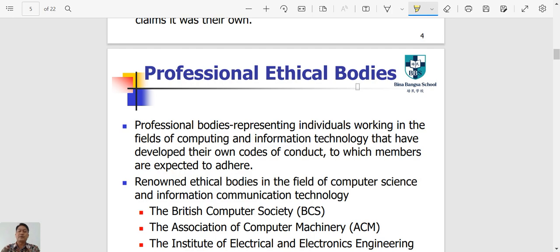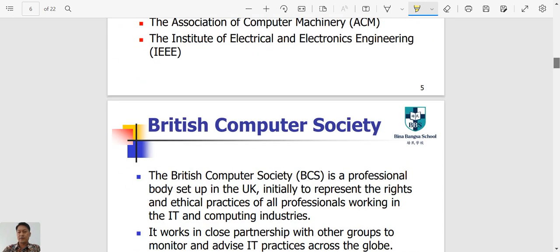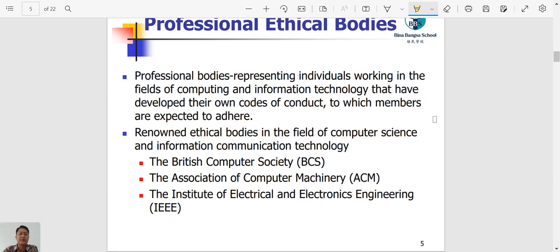As part of being a professional, we need also to look into some organizations, or we call them professional ethical bodies, that govern or set these different computer ethics, computer laws, or provisions, sections with regards to the conduct of an IT professional or a computing professional.